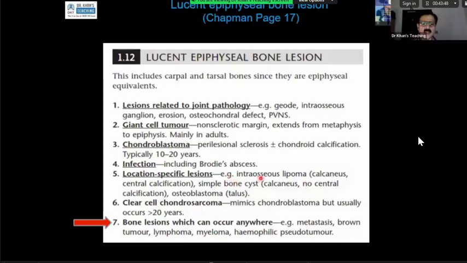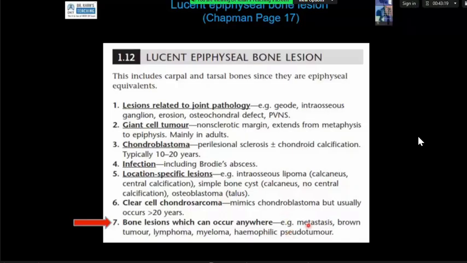I can consider intraosseous lipoma. However, it will not cause this expansile trabeculated appearance, and usually there will be calcification. I can consider a simple bone cyst. However, this is not a simple bone cyst, it's more expansile with a trabecular pattern, right? It is not a chondrosarcoma, so we are in this world then.